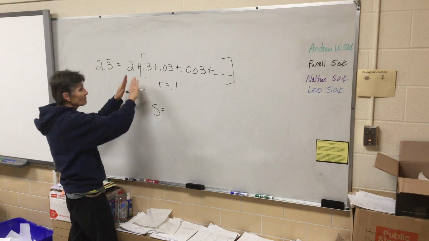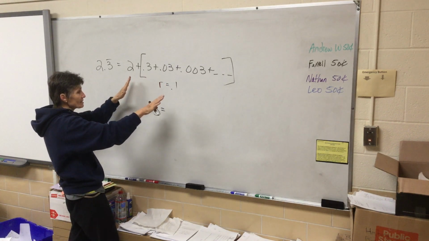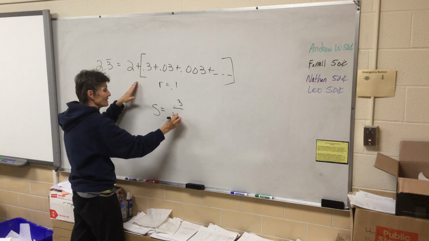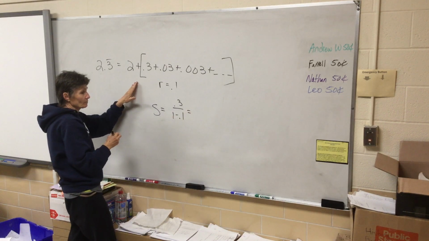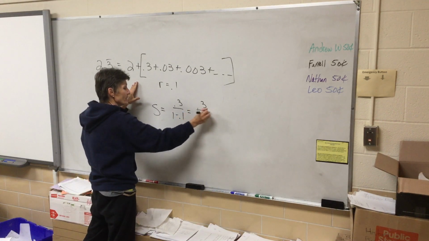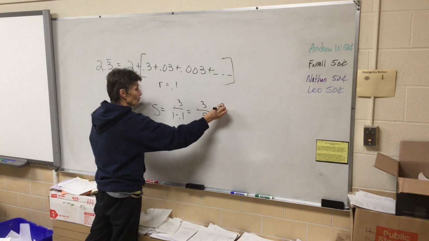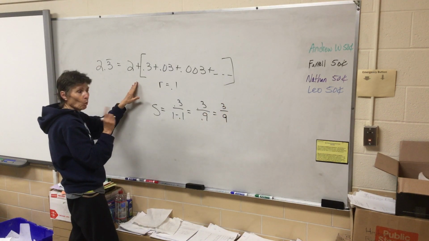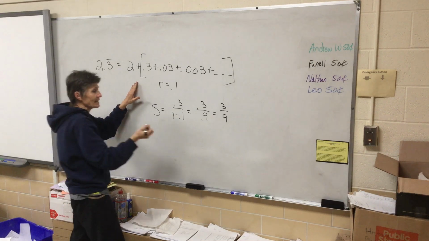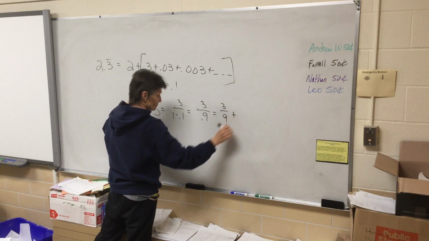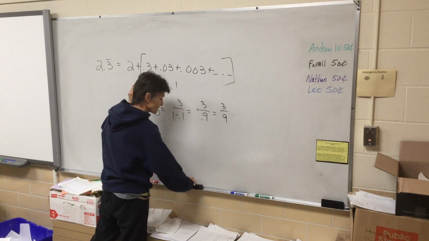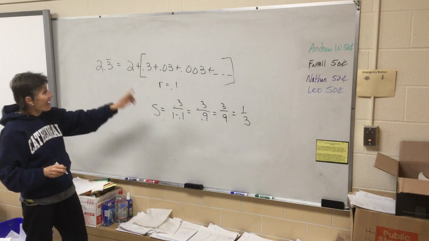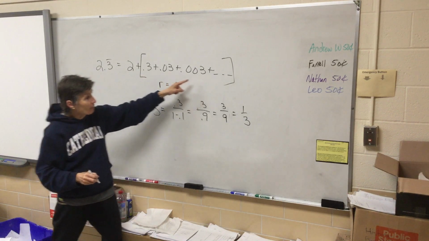So the bracket sum is first term over 1 minus the ratio, which is 0.3 over 0.9, which is 3/9. Now, usually I don't want to reduce at this point, but in this case it isn't going to matter. So I'll go ahead and reduce. And that is the repeating part of the problem.